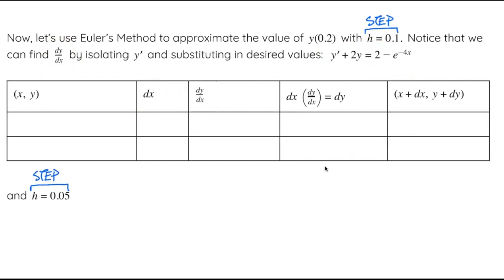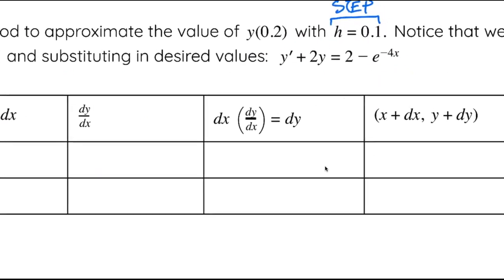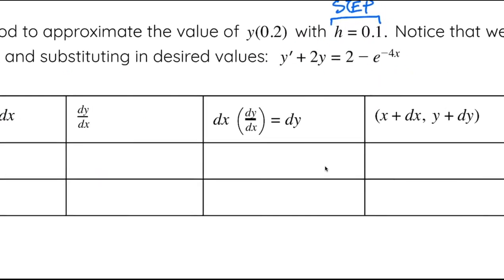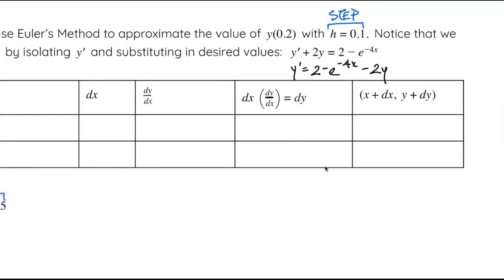I'm going to rewrite this differential equation here as y prime equals 2 minus e to the negative 4x minus 2y. And if we keep with our color coding, this will give us our dy/dx.